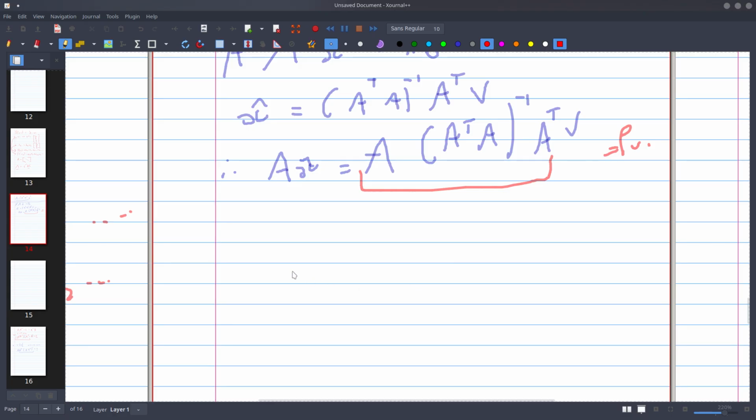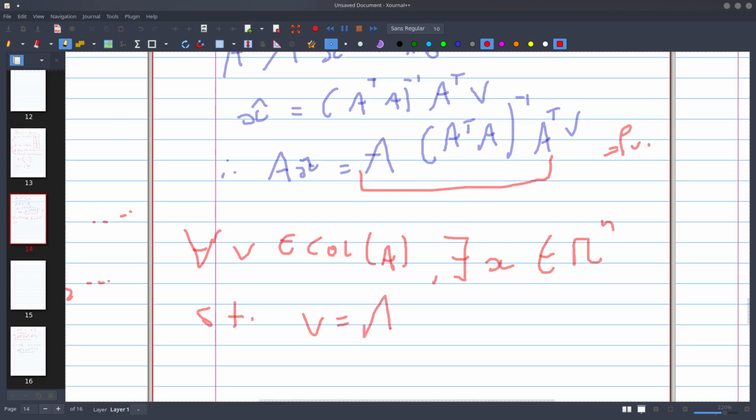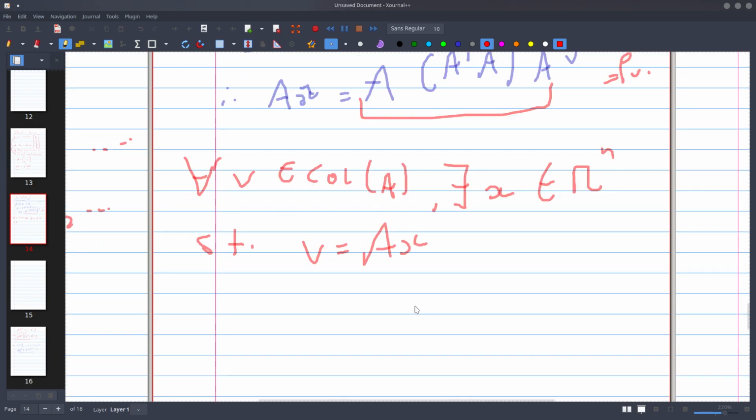And so you can think of it like this. For any vector that exists in your column space of A, there exists some vector x in R^n such that b is equal to A times x, right? Well, what is this trying to say?